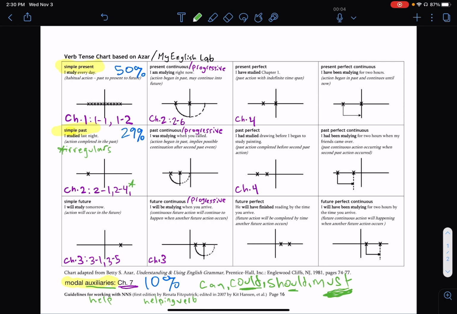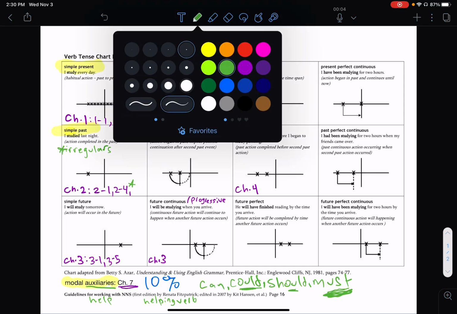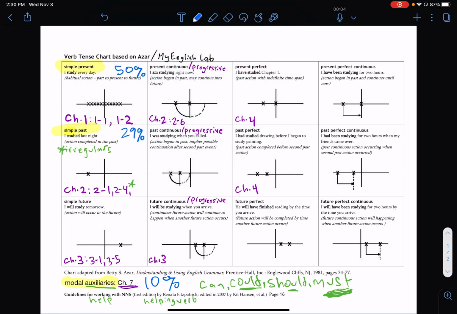excuse me. I forgot. We have a 5%er. Who's that 5%er? This guy is the present perfect. Present perfect. This guy's 5%, okay? Not too much, but it's significant. I have studied, a past action with an indefinite time span, right?